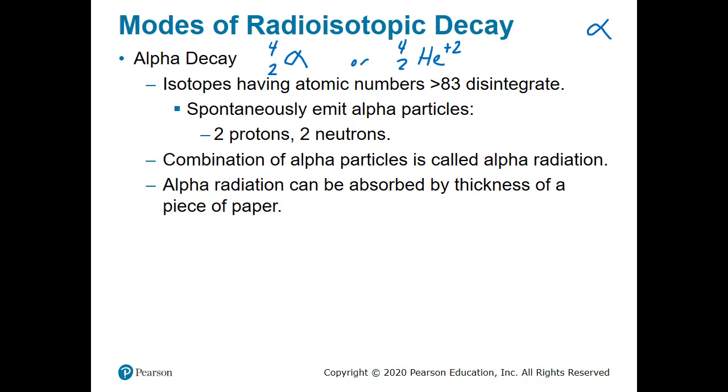Bismuth is the last one that is stable. And so the instability in those elements mainly comes from their size. And so alpha decay is a great way for an isotope to shed weight, because it sheds a total mass of 4, shedding 2 protons in the process.